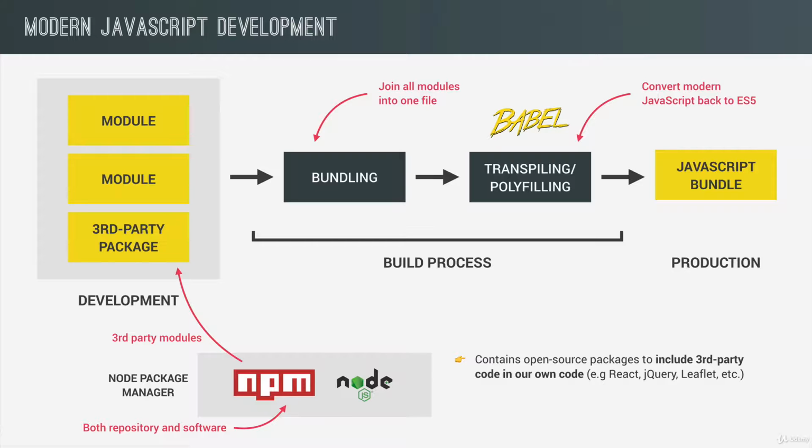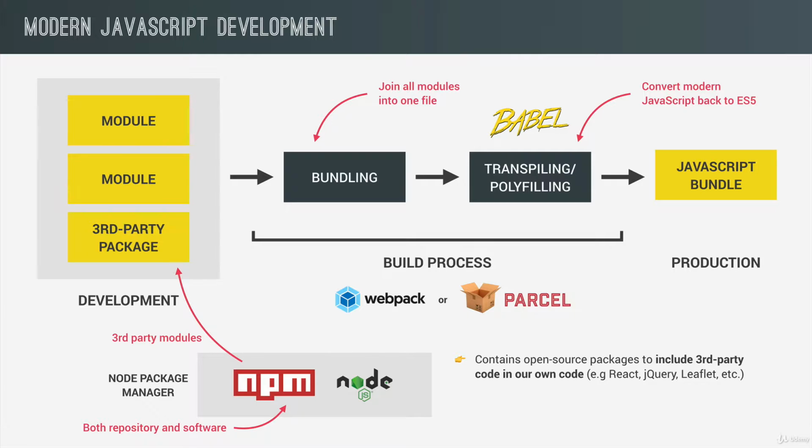Now, of course, we don't perform these steps ourselves. Instead, we use a special tool to implement this build process for us. And the most common build tools available are probably Webpack and Parcel. And these are called JavaScript bundlers because, well, as the name says, they take our raw code and transform it into a JavaScript bundle. Now, Webpack is the more popular one, but it can be really hard and confusing to set it up.